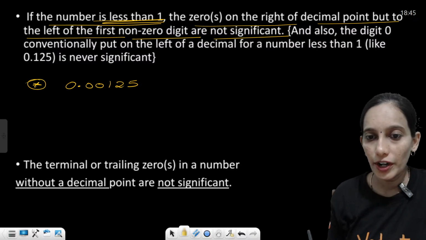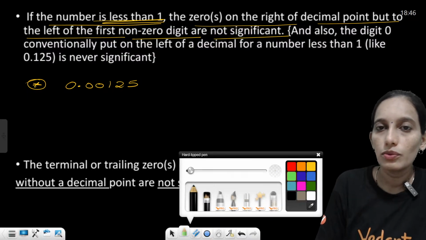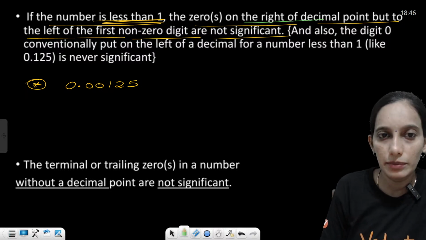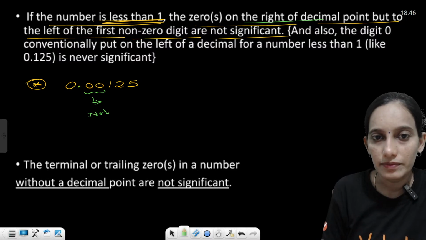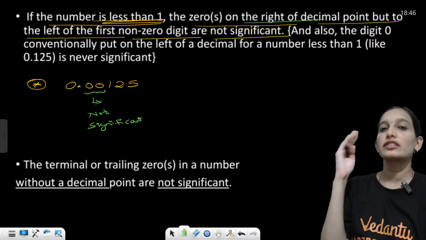So here I have clubbed the two zeros together. So one is the zeros on the right of the decimal. So the decimal point is there, to its right, which means these two zeros are not significant, up to the first non-zero digit.